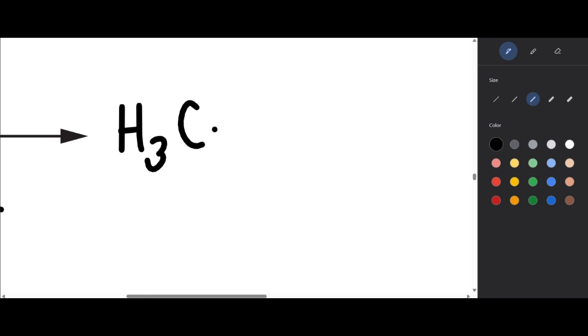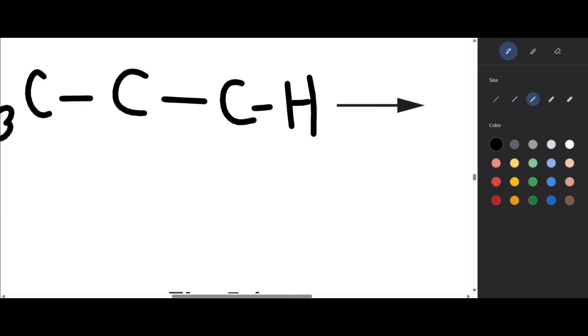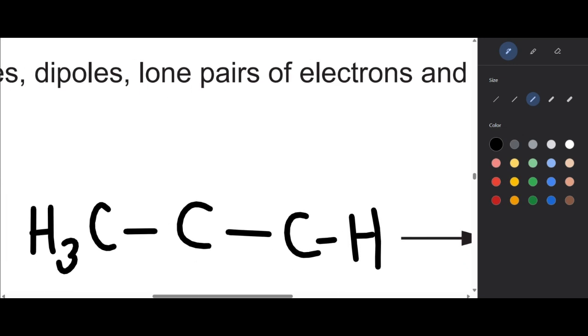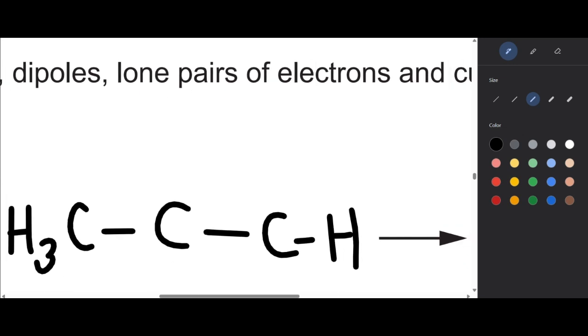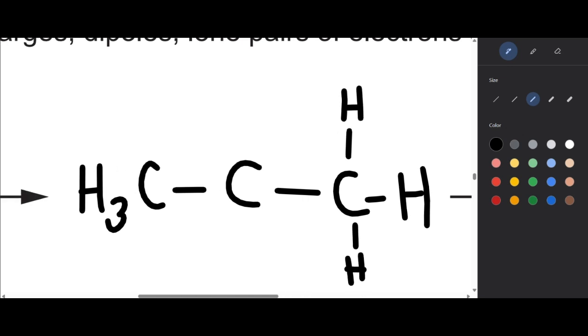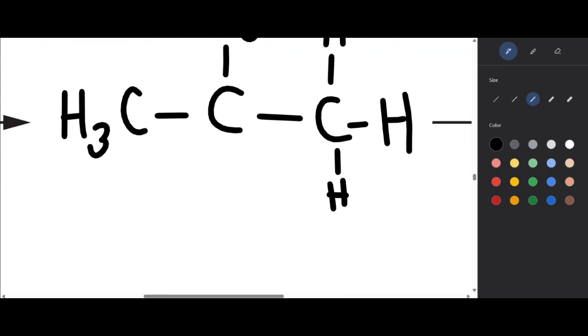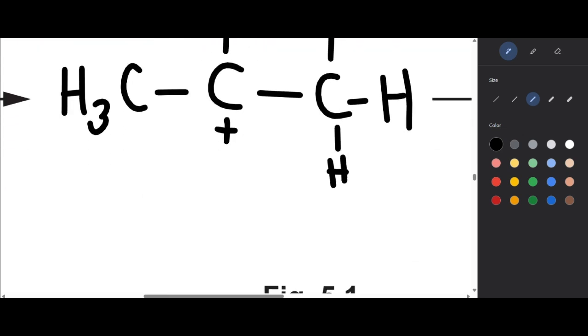Okay, and the next is it becomes H3C bonded with C, bonded with C, bonded with H. And then this one bonded with H, bonded with H, and this one bonded with CH3, and this is plus.